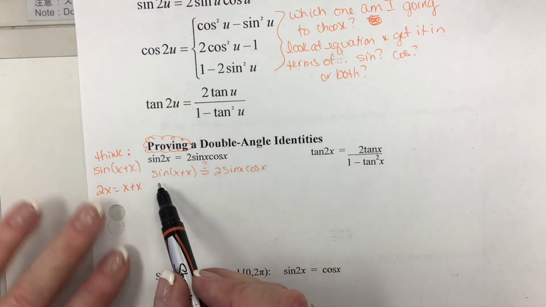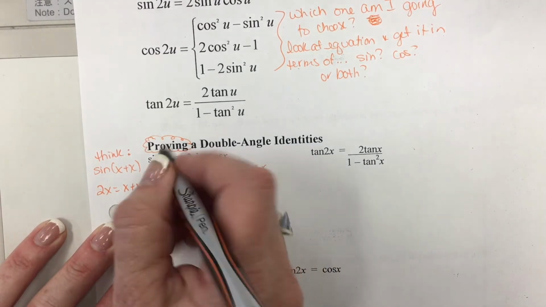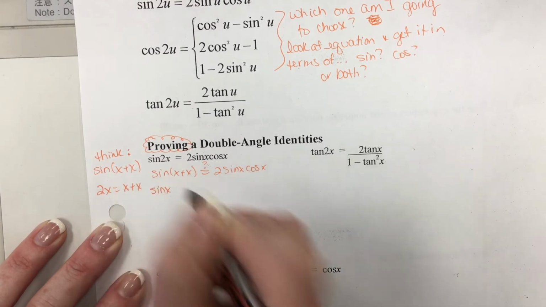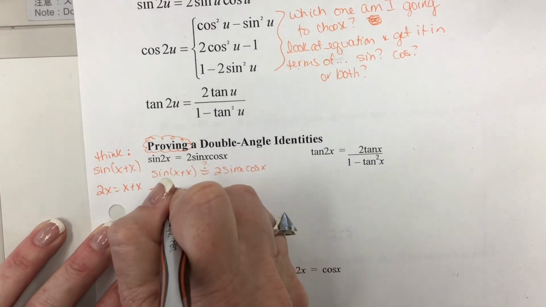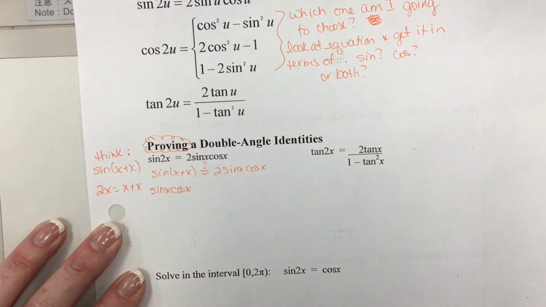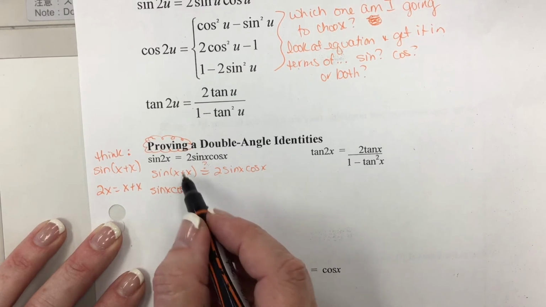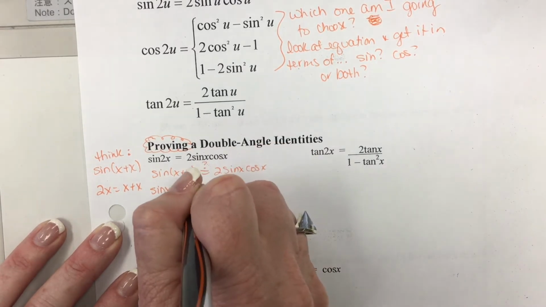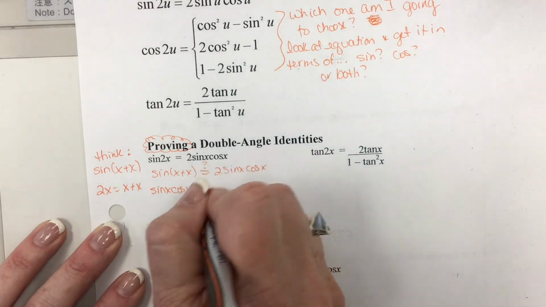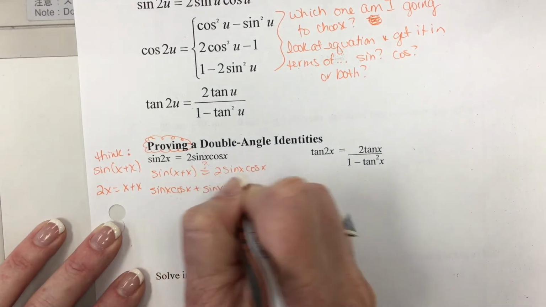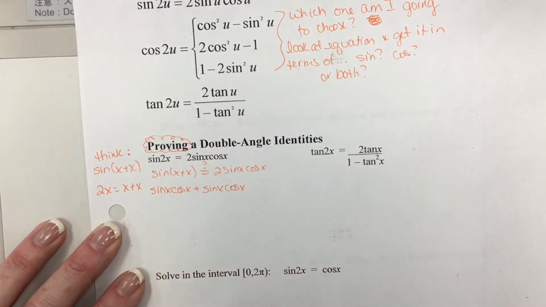If it's sine, I take sine of the first angle times cosine of the second angle. They happen to be the same angle, so it makes it kind of nice. Then the sign, S-I-G-N, stays the same, so it stays plus. And then I take sine of the second angle times cosine of the first.